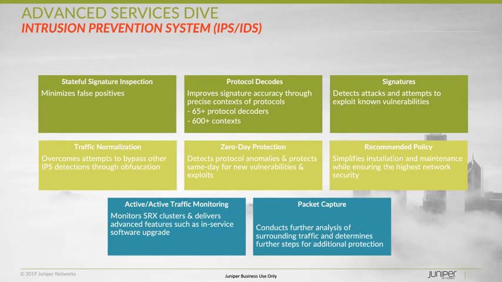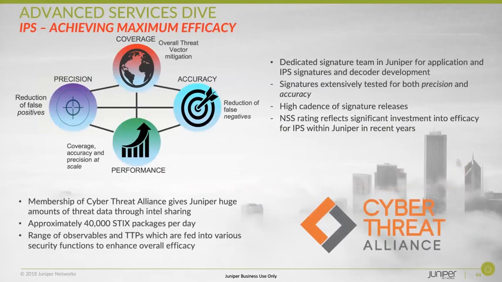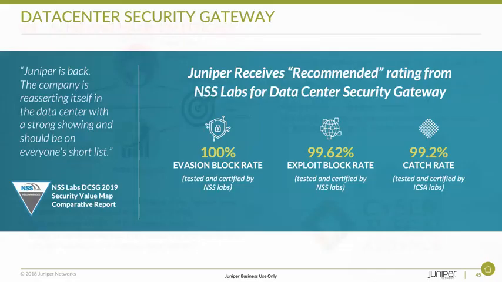So in the end, you have a lot of signatures you can put into your firewall that will dramatically improve the security within a data center. But once again, historically, this has impacted performance.